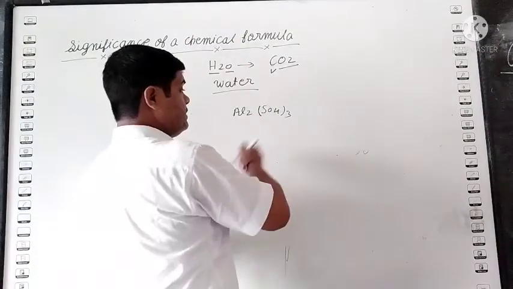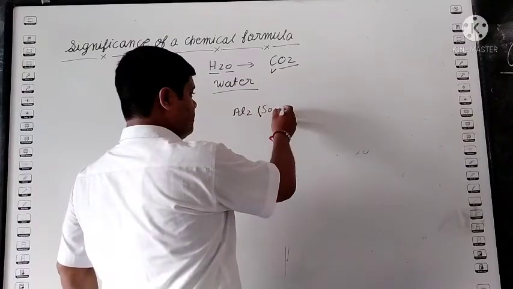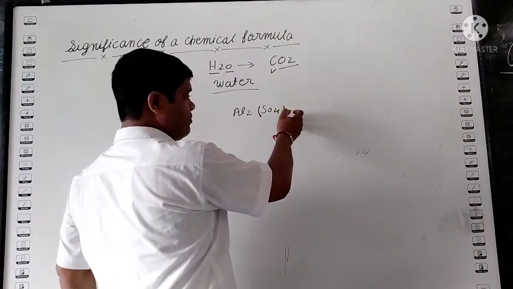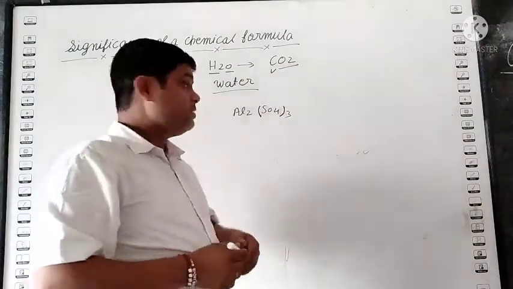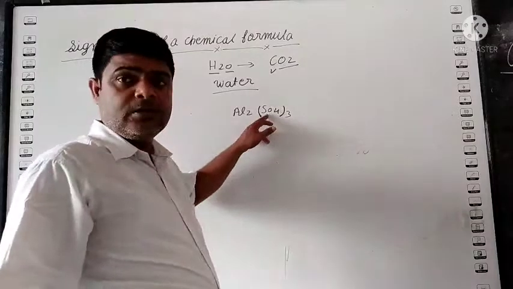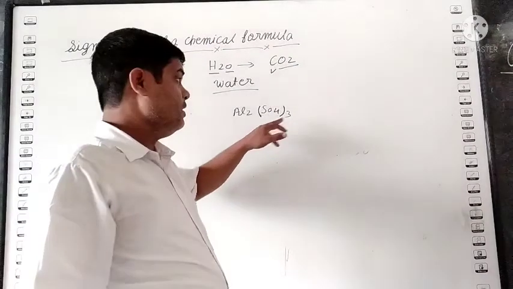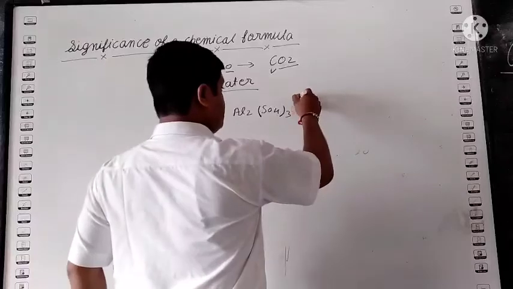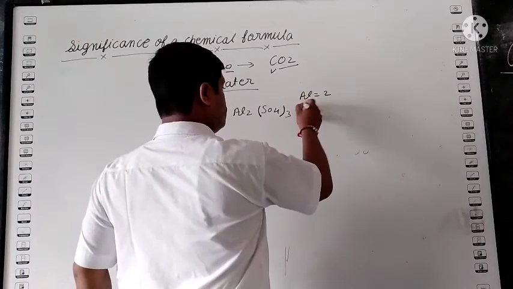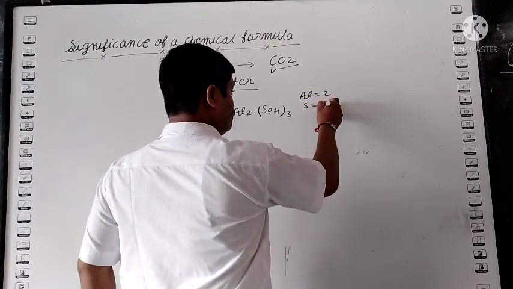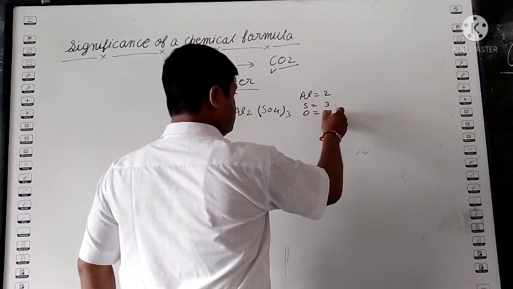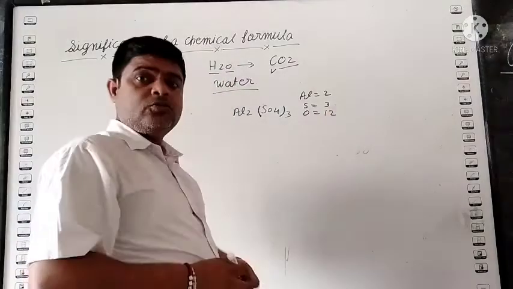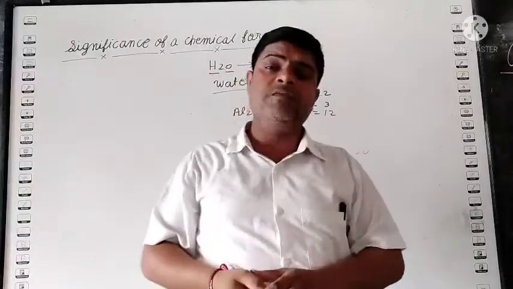The sulfate contains one bracket and outside the bracket there is 3, which means 3 multiplies sulfur. Sulfur is 1, so how many sulfur? 3 sulfur. How many oxygen? 3 fours are 12 oxygen. So the number of aluminium atoms is 2, sulfur atoms 3, and oxygen atoms 12. Clear? So this is the significance of the chemical formula.